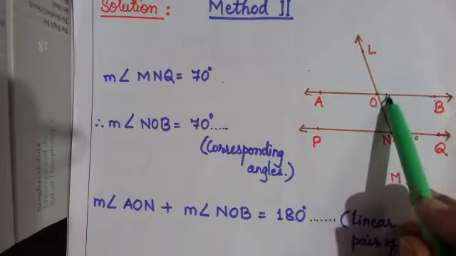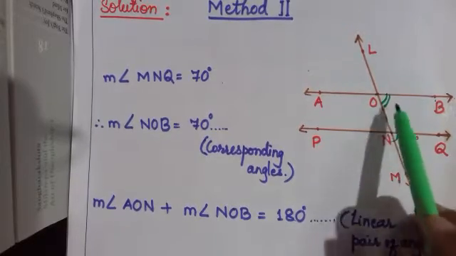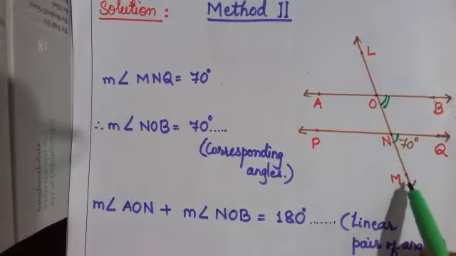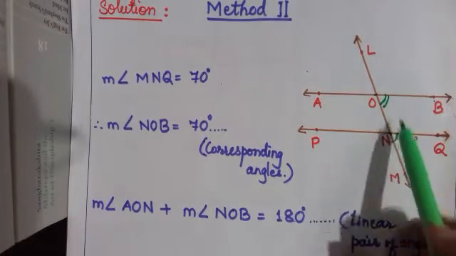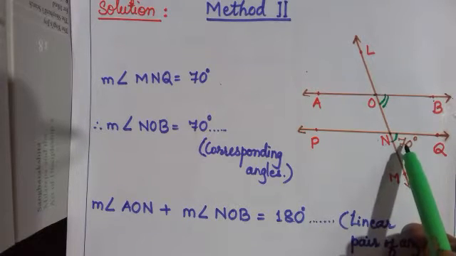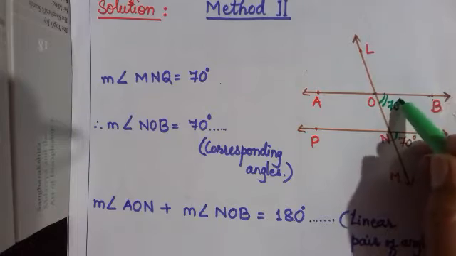See this angle. What type of angle is this? They are corresponding angles. Angle NOB and angle MNQ both are corresponding angles, and corresponding angles are congruent. Congruent means their measure is equal, means this is also 70 degrees.